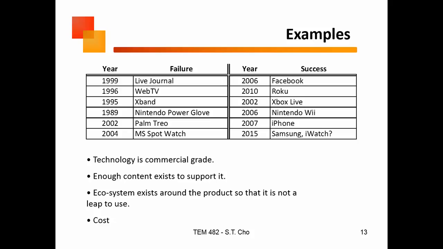And so products can be a good idea, but way before their time. And some examples are LiveJournal, which was Facebook long before Facebook was. The problem is that all you could post on it was text. There were no pictures or anything like that, and people got bored of it. Web TV, Bill Gates actually roasted Web TV.